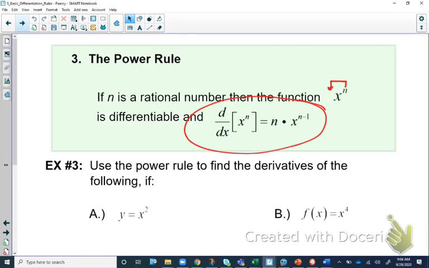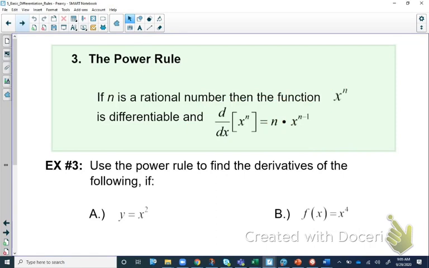And then we also take that same number and subtract 1 from it. That's what they're illustrating by putting that in front of the x and saying n minus 1 on the exponent.